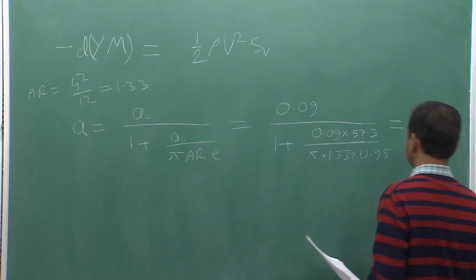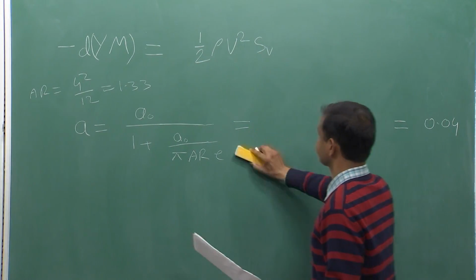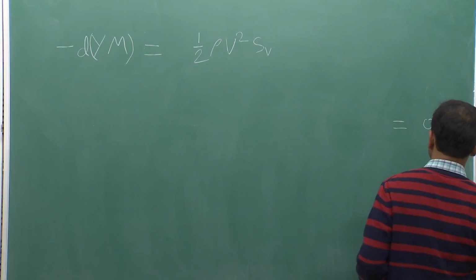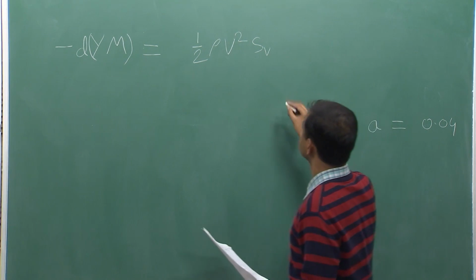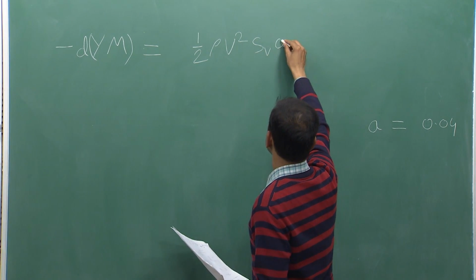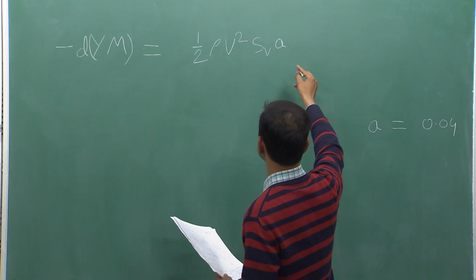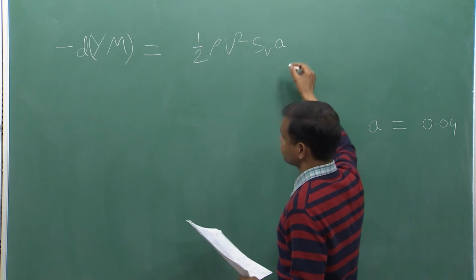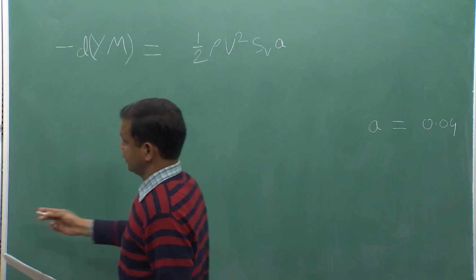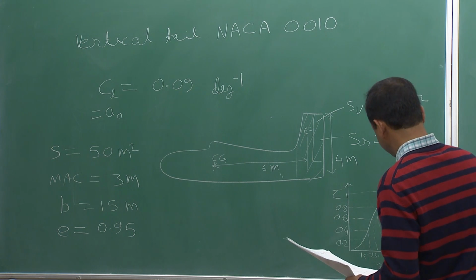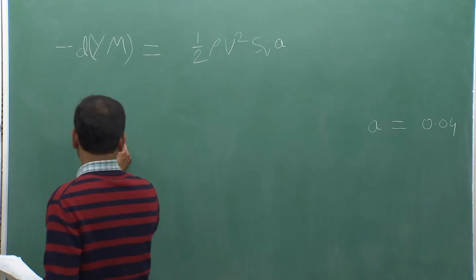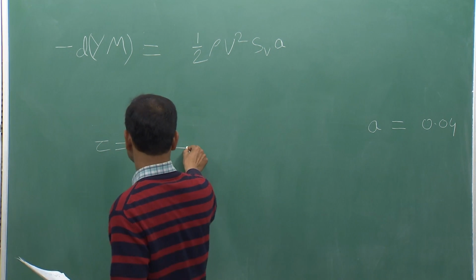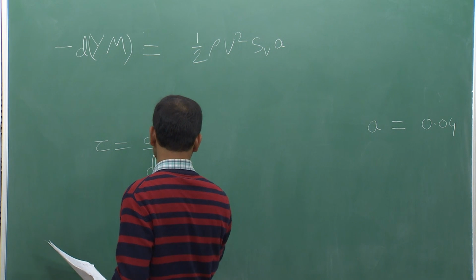Now, let me erase this part. This is A. So, the lift coefficient, and now we need to multiply this with the angle also, and as we know, the tau is d beta by d delta r.